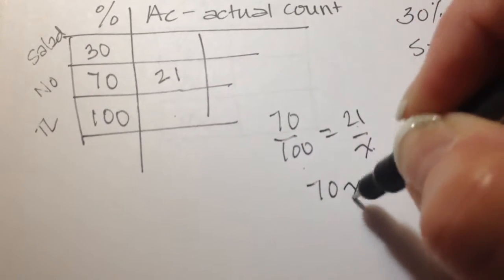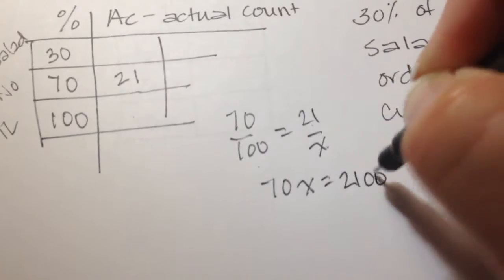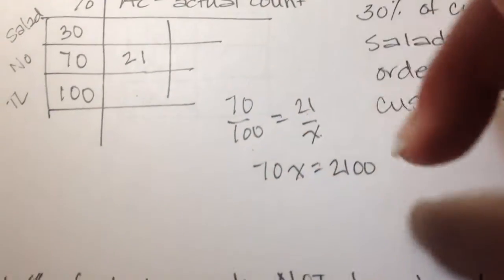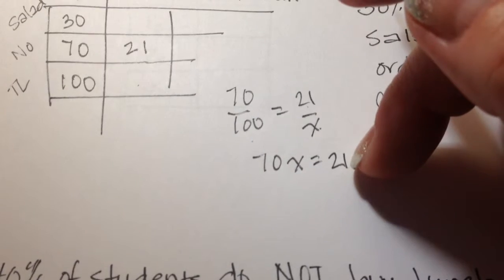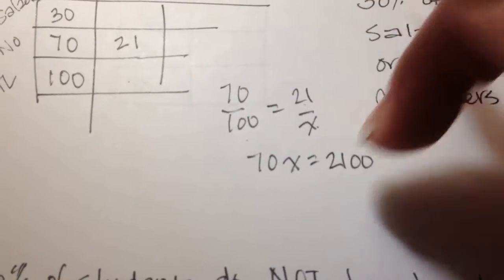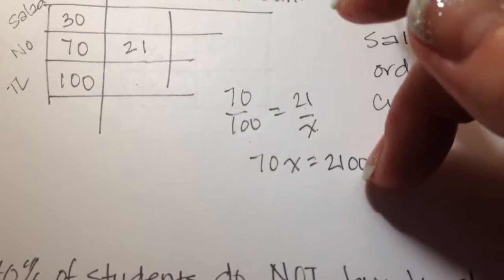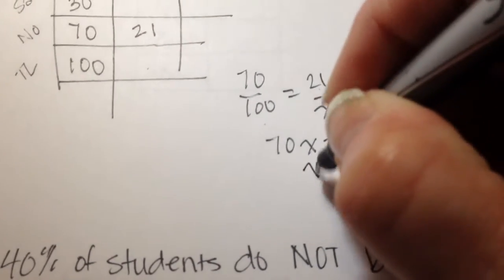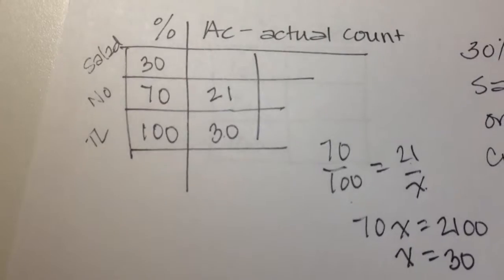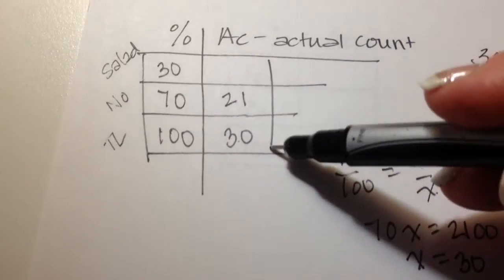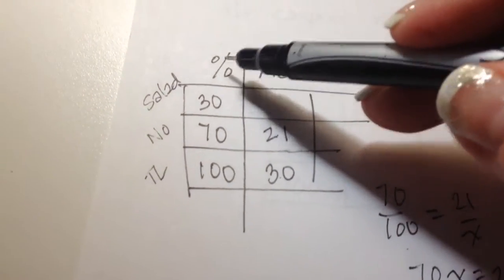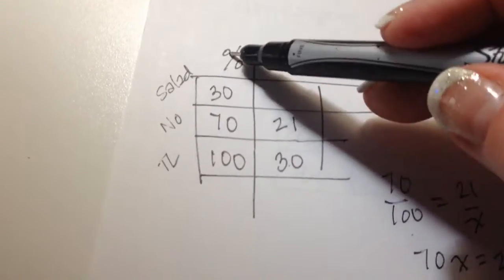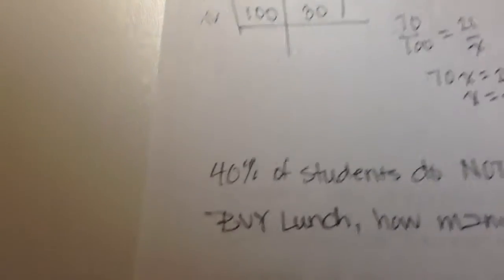I have 70x equals 2100. 7 goes into 21 how many times? 3, right? So 70 goes into 2100 how many times? 30. So x equals 30. So there were a total of 30 customers there. Okay, it's just another proportion box. We're just using percent in our proportion boxes.